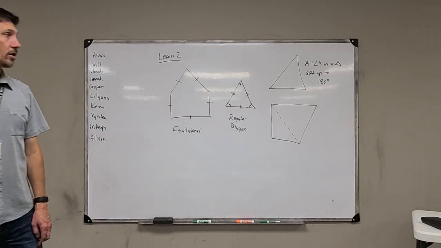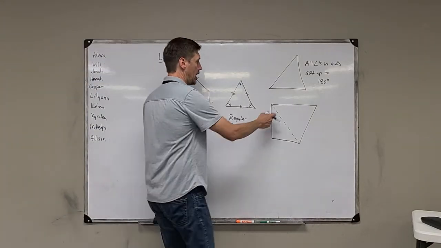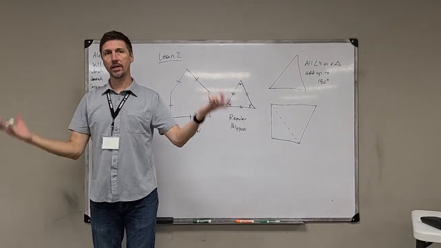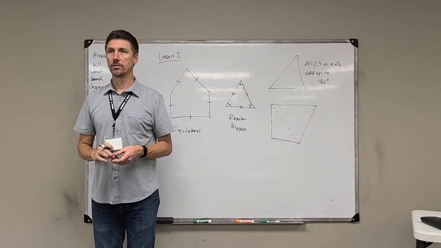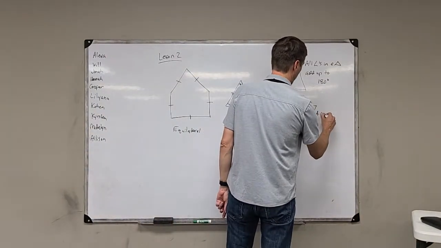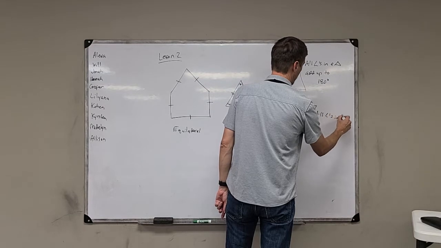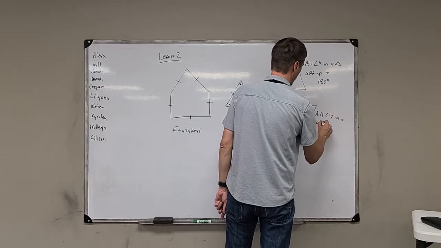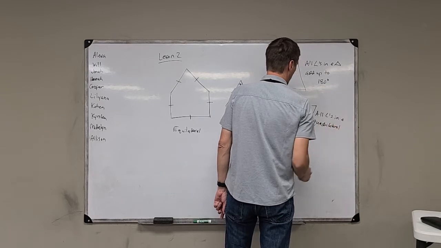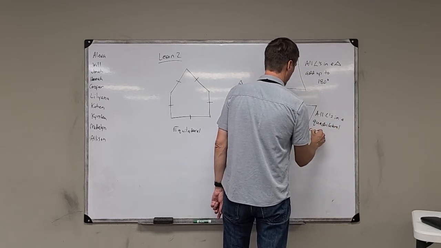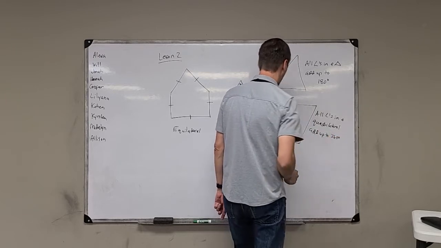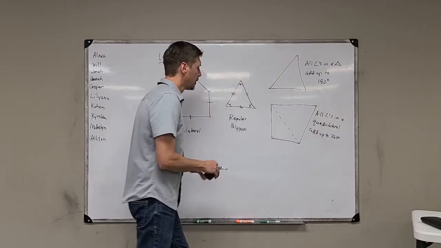So if every triangle has 180 degrees in it, then what do you think the total degree of angles would be in a quadrilateral? 360, yeah. So all angles in a quadrilateral, I don't have a cool shape for that, add up to 360 degrees. So that's something that you just need to know as well.